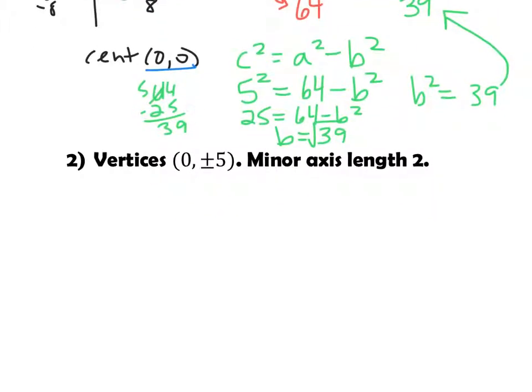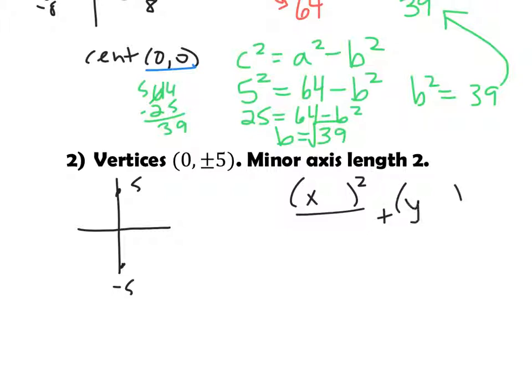This one gives me vertices that are at (0, 5) and (0, negative 5). Let's write my formula. x squared over something plus y squared over something equals 1.